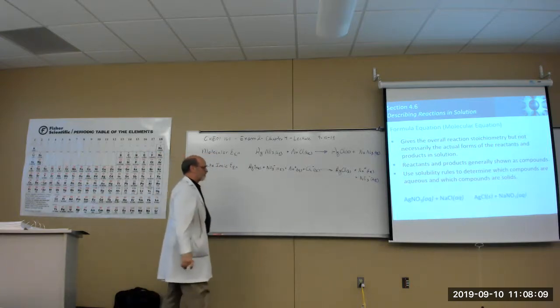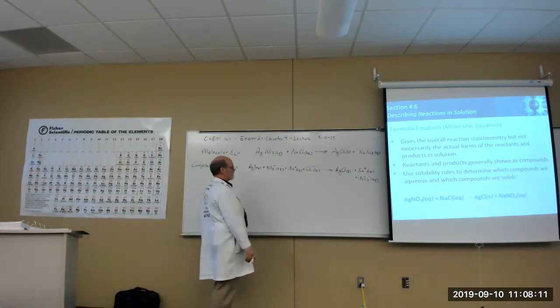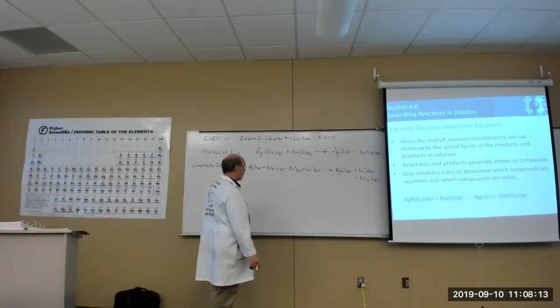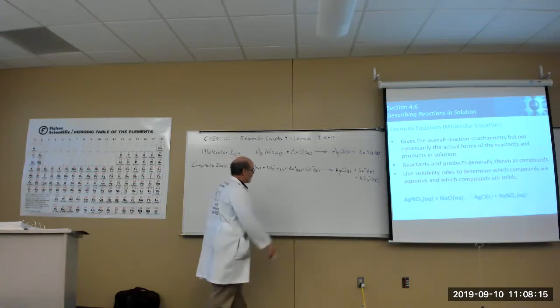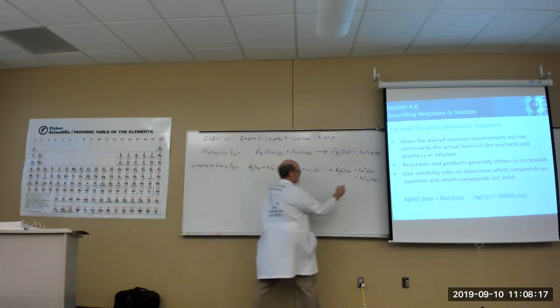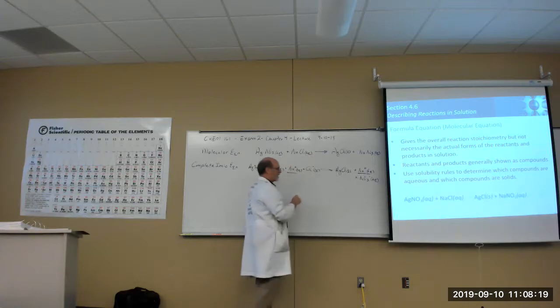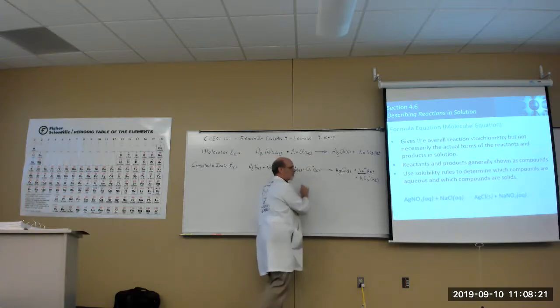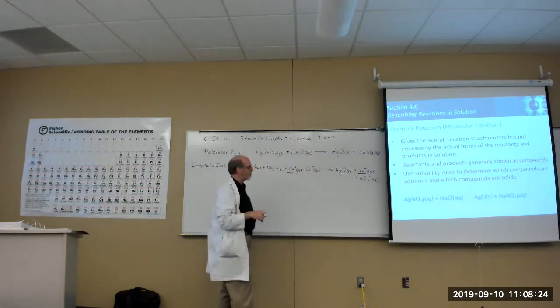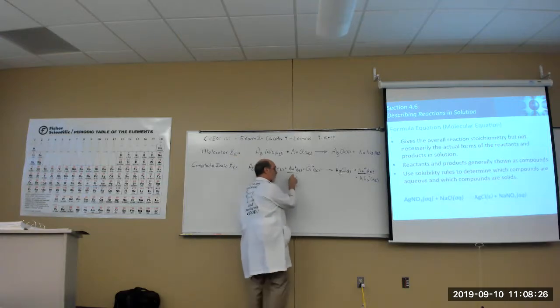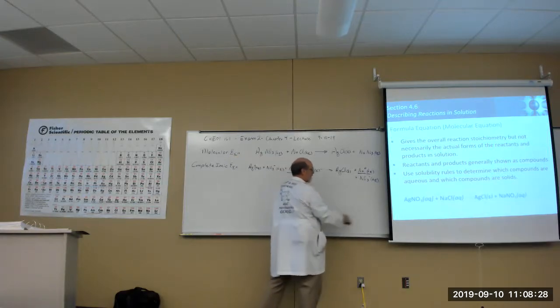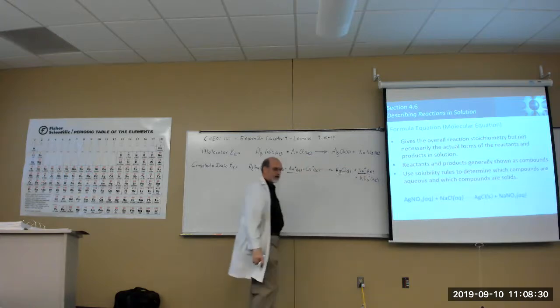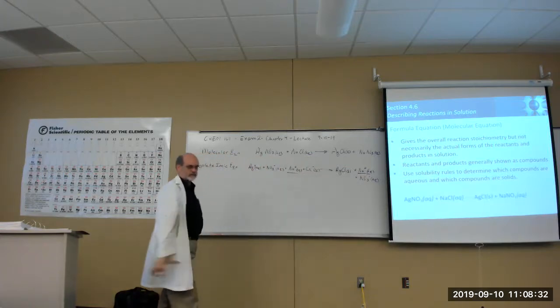Now let's look at this. What do you have here? Well, I notice that you have sodium on both sides. Now, just because we have this arrow here doesn't mean they're separated physically. These are the same sodium ions as reactant as the sodium ions as product, and they're in the same vessel.